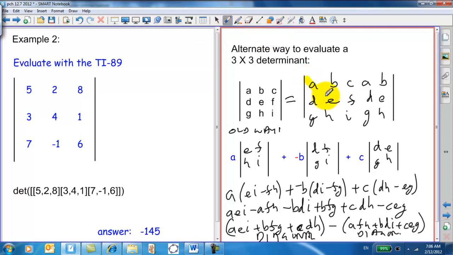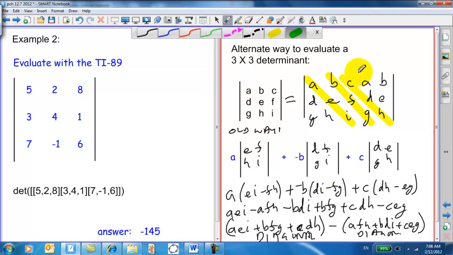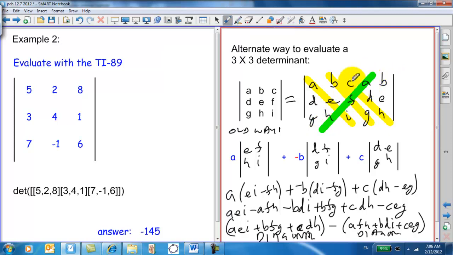AEI is this diagonal, BFG, big friendly giant, CDH. You take the product of the elements in those three diagonals and add them up. And then you subtract off the diagonals going the other direction: AFH, BDI, and CEG. Okay. Some people prefer that way.